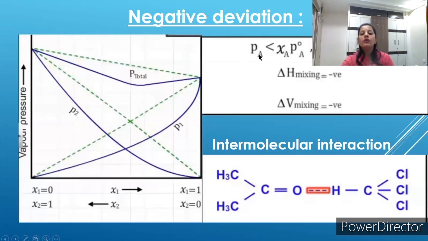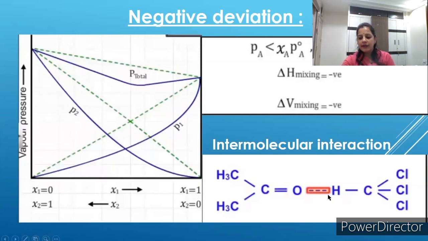So fewer molecules will get vaporized, and hence the partial pressure of A is not equal to but less than the mole fraction times the pressure of pure component A. So the value of PA is less than XA into PA naught, and the value of PB is also less than XB into PB naught. And in this case, delta H of mixing is less than 0, meaning it is negative, and delta V of mixing will also be less than 0, and hence negative.